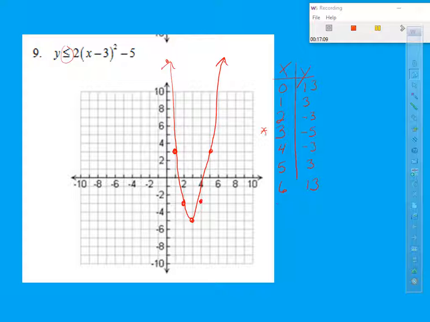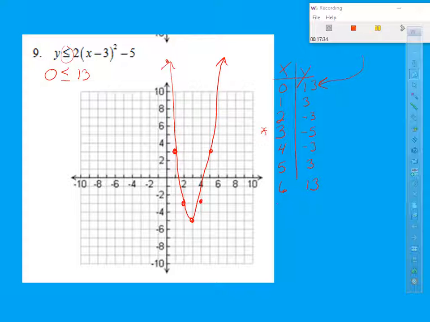Now, to decide if we're going to shade inside or outside, I'm going to write down a 0 for the y. And then I need the value when we let x be 0. Well, we already did that in our chart. When I let x be 0, I'm going to get 13.